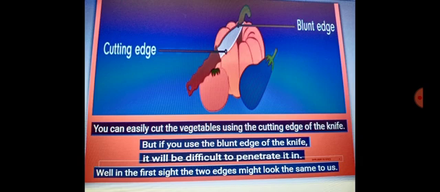You can easily cut the vegetable using the cutting edge of the knife. But if you use the blunt edge of the knife, it will be difficult to penetrate it in.